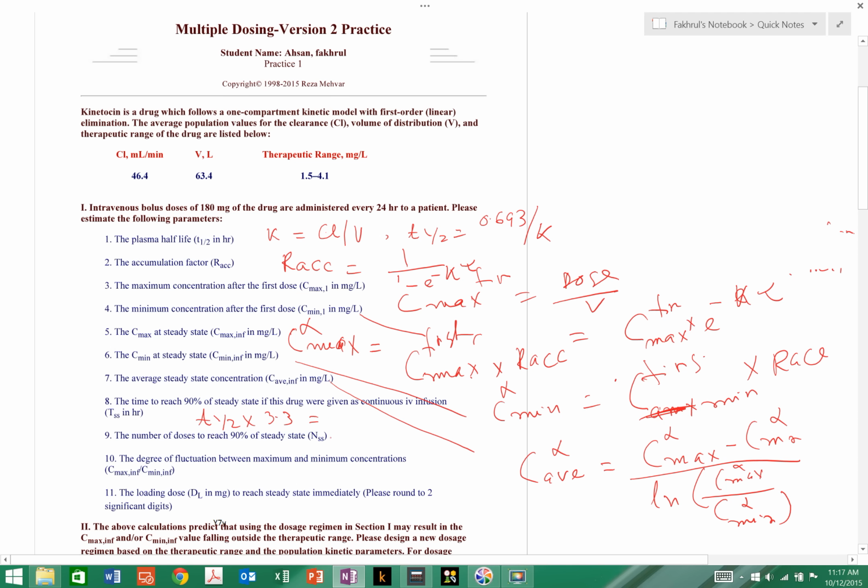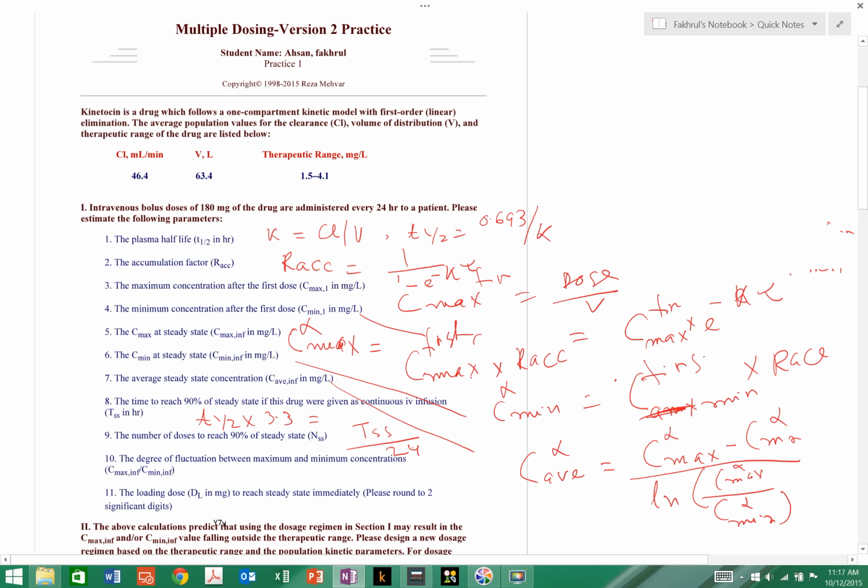To calculate number of dose, you divide TSS by tau, which is 24. This will give you number of dose to reach 90%.